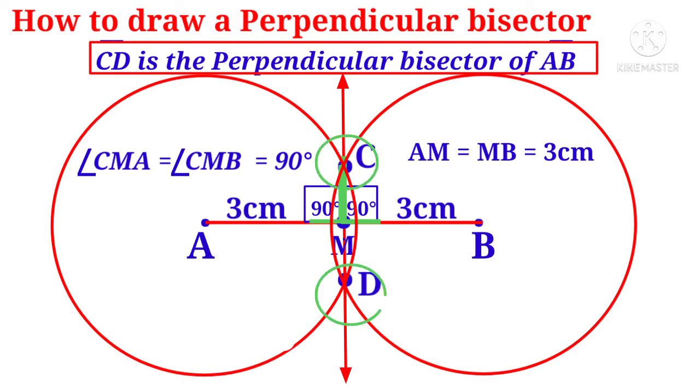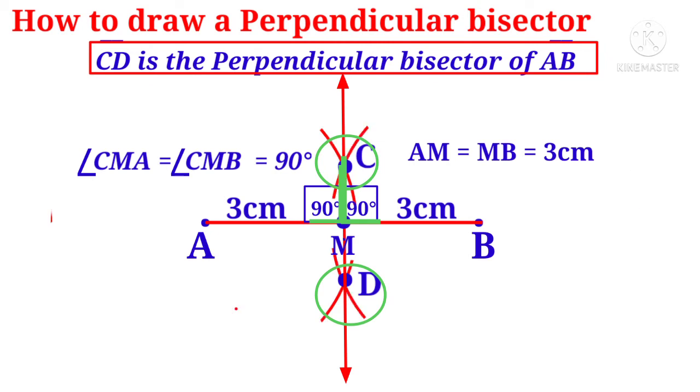Here we are taking the radius as more than half of the length of the line segment AB, because only then do the circles intersect at different points. To get the intersecting points C and D, we need not draw two circles; we just draw arcs below and above the line segment AB, and then we can easily draw the perpendicular bisector of the given line segment.